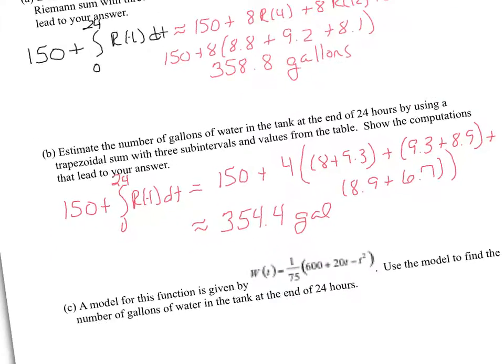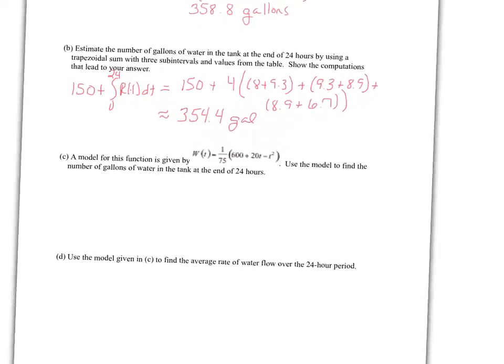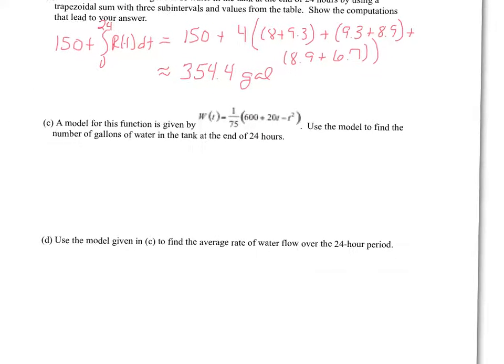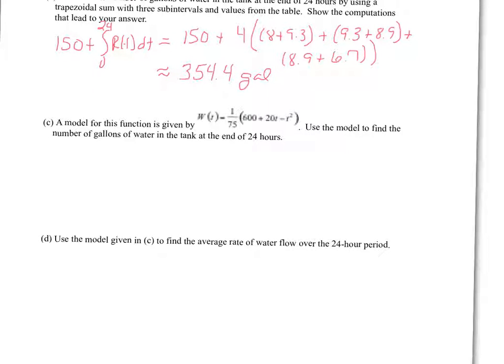I think I'm through with the table. It says a model for this function is given by, and they give us W of t. Use the model to find the number of gallons at the end of 24 hours. Again, at the end of 24 hours means we have to include the 150. So this time we've got 150 plus the integral from 0 to 24 of W of t.